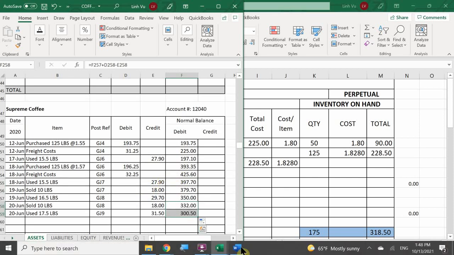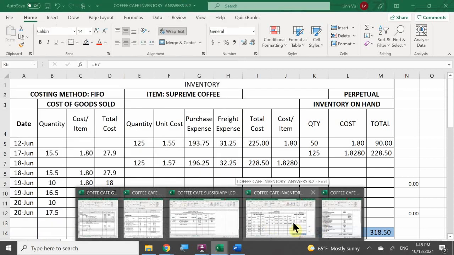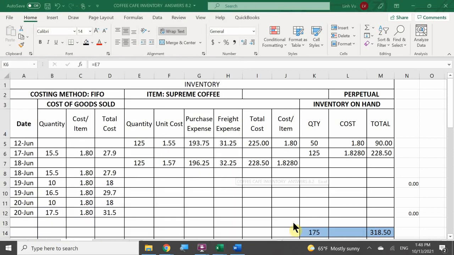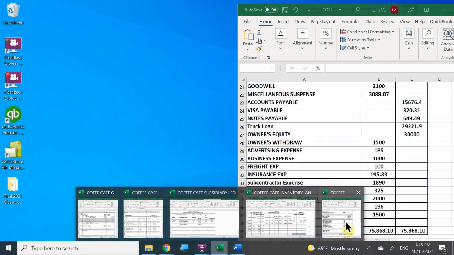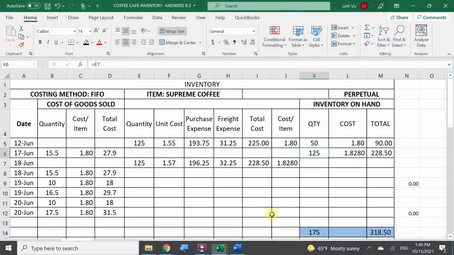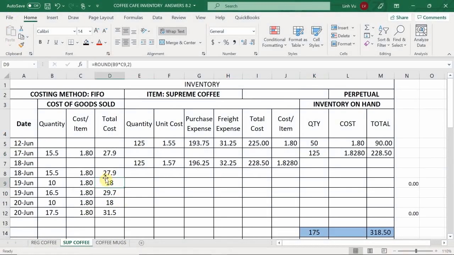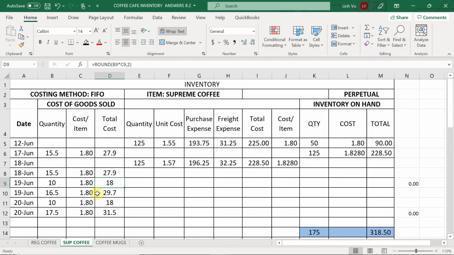Did I subtract too much? Maybe the formula is not right. Nope, because we subtracted all of this out.